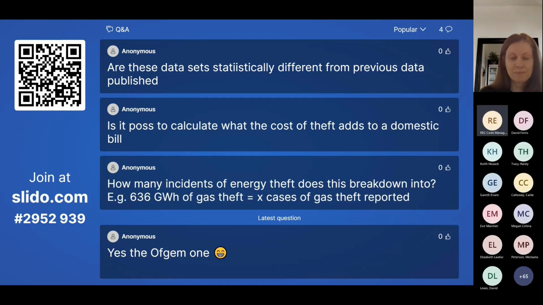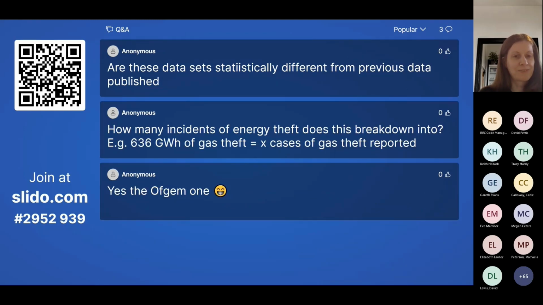Is it possible to calculate what the cost of theft adds to a domestic bill? Pete's calculated that. Was it, Pete? Yeah, between £30 and £50, depending on top or bottom of range. Thank you.